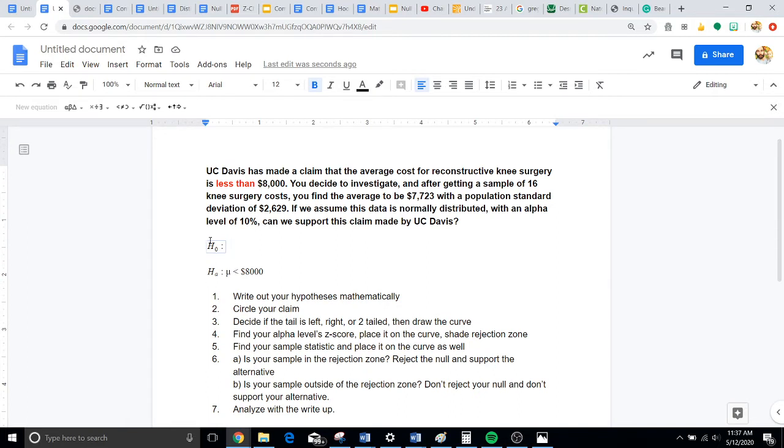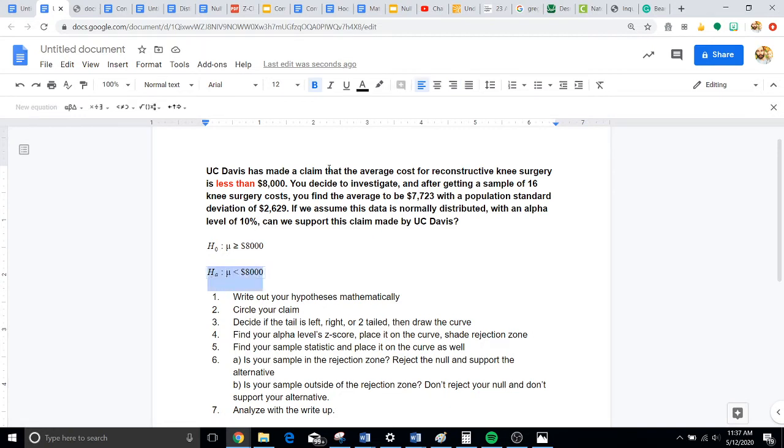Or if you only have the null, it's going to flip it and remove the line from it to become the alternative. So mu is greater than or equal to $8,000.